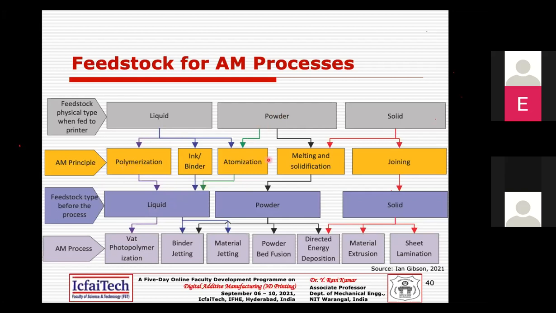And you may come across several principles, from polymerization to inkjetting to binder jetting to atomization to melting, solidification and joining. You can have these seven processes, which have some cross connections that tell you the story of the recent advancements and where this technology is going.